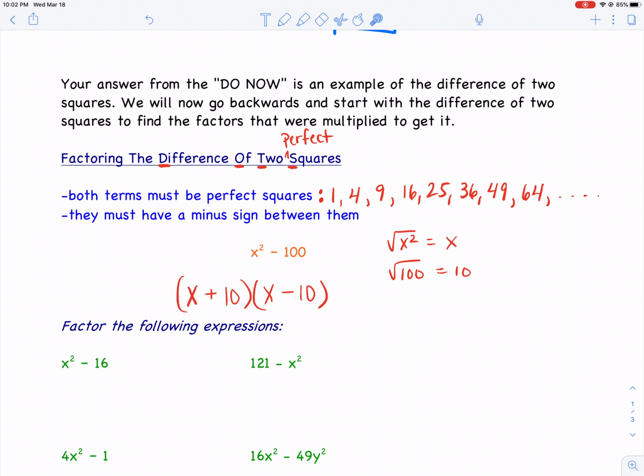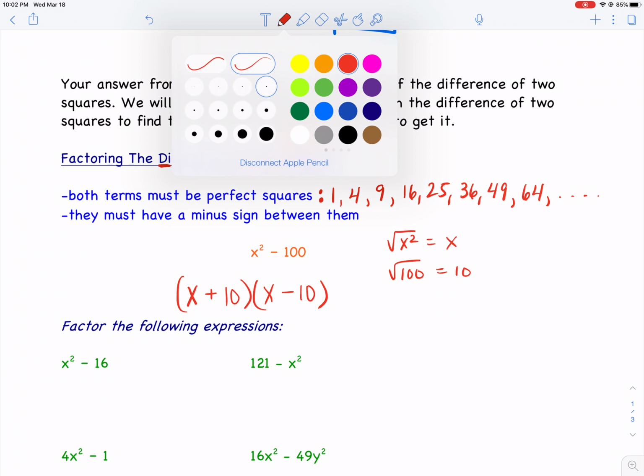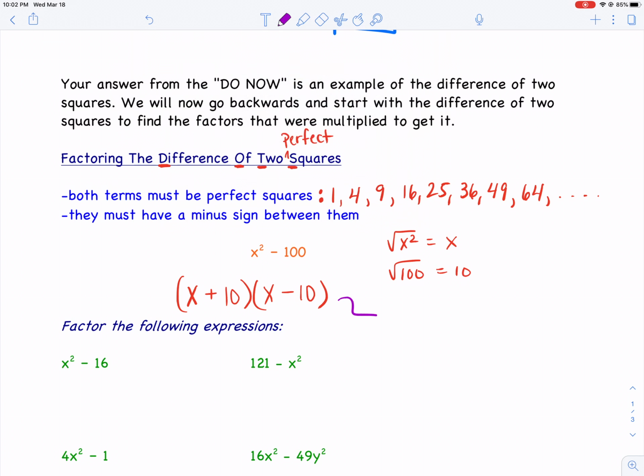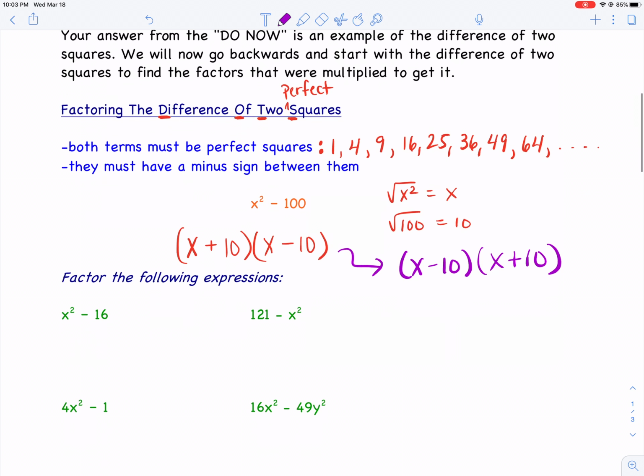It doesn't matter if you switch the plus or minus sign, so I could also rewrite this as x minus 10 times x plus 10, and those are equivalent answers. However, the x has to be first in each binomial, and the 10 has to be second. The plus and minus sign does not matter.